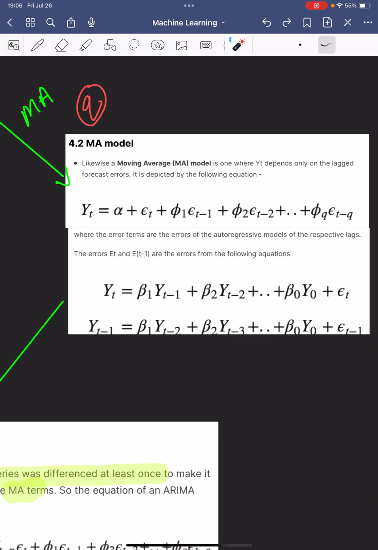Similarly here these are errors, and now you have to understand what exactly these errors are. These errors are basically the error when we are making a regression model, and how much difference it is from the actual. So if I say e_t, it is the difference of e at t and e at t minus 1. Okay, so you can see how this is made.